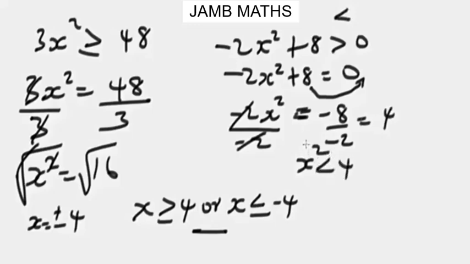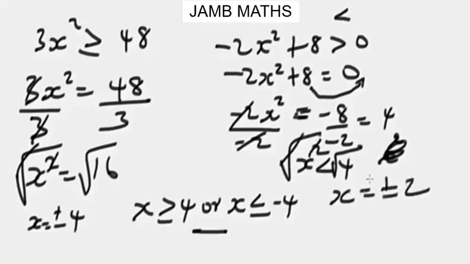Okay, so to get the value of x, we take the square root of both sides. So we have the values of x now to be plus or minus 2. Remember, we have a less than sign at the middle.